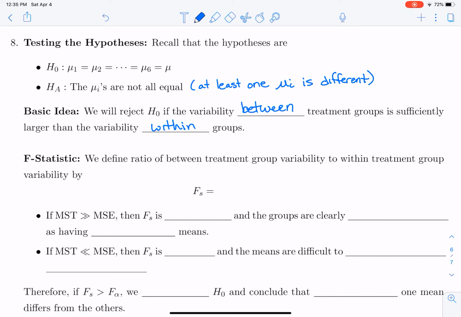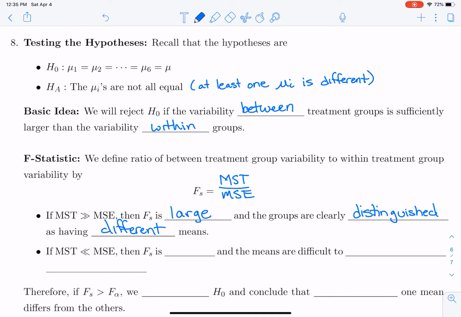Our F statistic is the mean square treatments divided by the mean square error. If the mean square treatments is much larger than the mean square error, then F sub s is large. Between group variability is much larger than the within group variability, so the groups will be clearly distinguished as having different means.